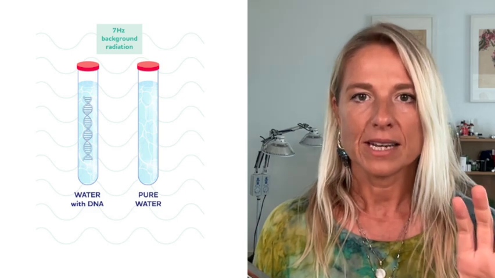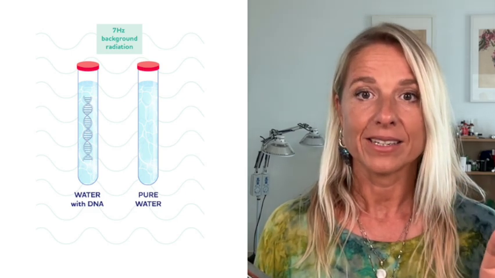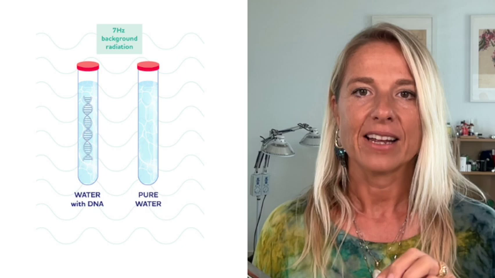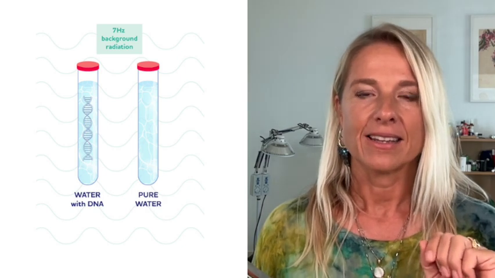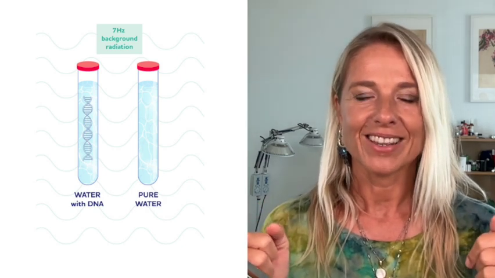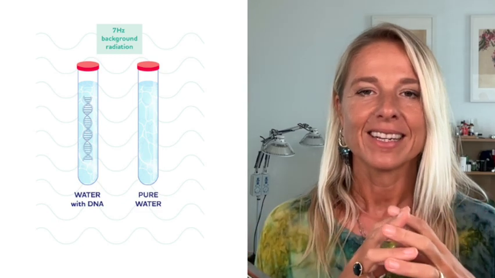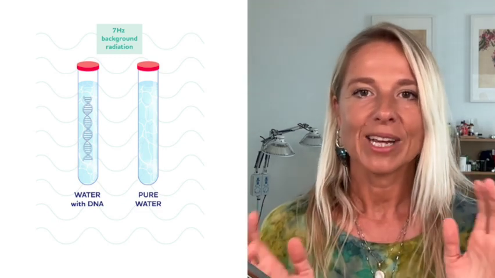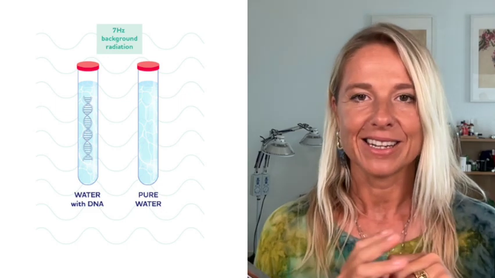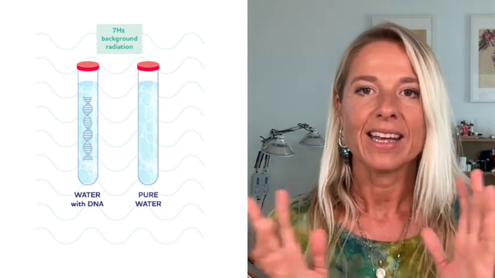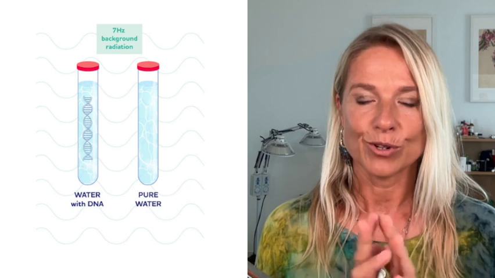So one of the test tubes had water with bacterial DNA and the other had just water alone. And the test tubes were both stoppered, so there was no way for them to have contagion or communication in the way that we would understand it in the mainstream. So there was no physical way that they could exchange information between them.